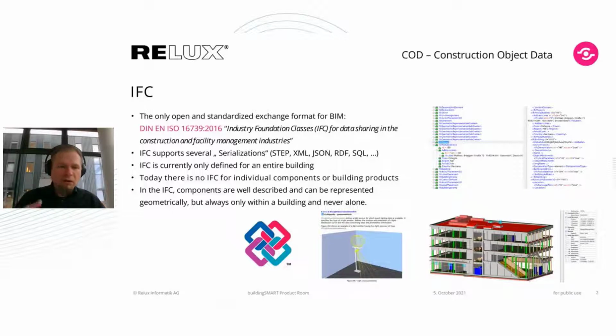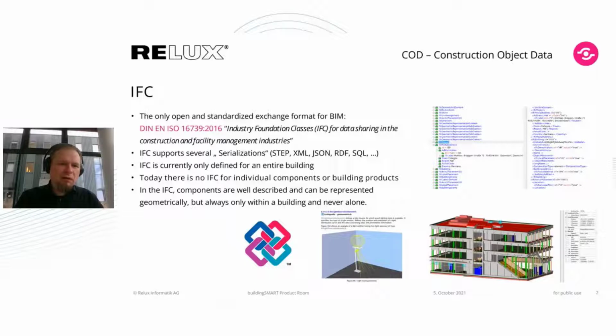And this is about this proposal that we want to have a way to transport in IFC a product, but without having the complete building structure around this product. And that's why we have a slightly different name. We call it construction object data.